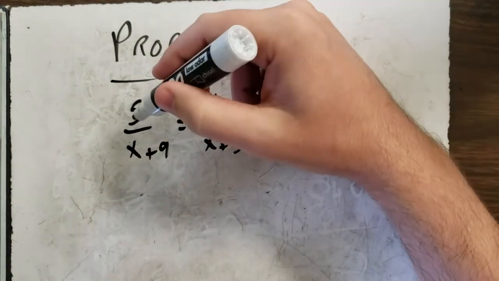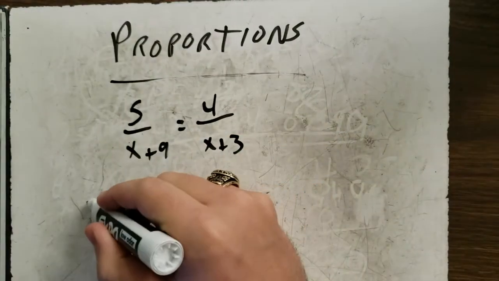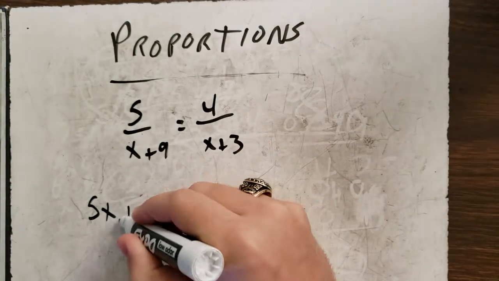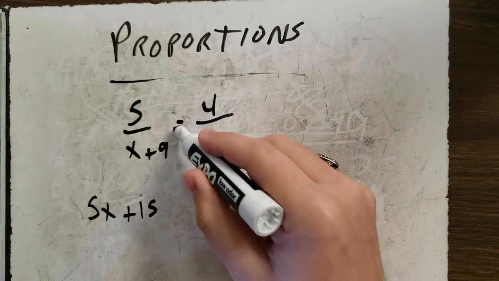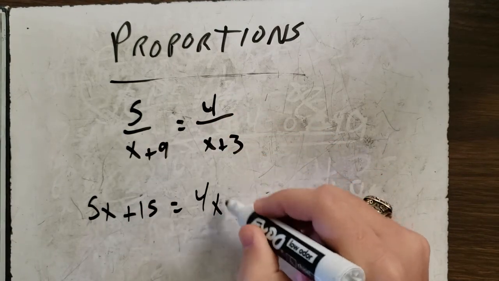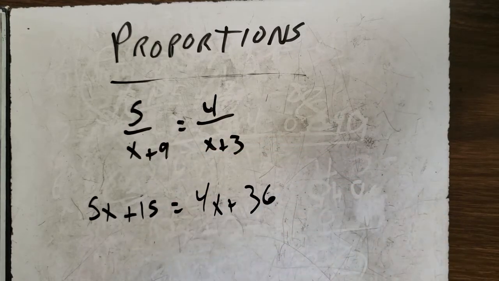So let's start off this way. 5 times x is 5x, and then 5 times 3 is 15. There's a plus, so it's plus. Equal sign. 4 times x is 4x, plus 4 times 9 is 36.